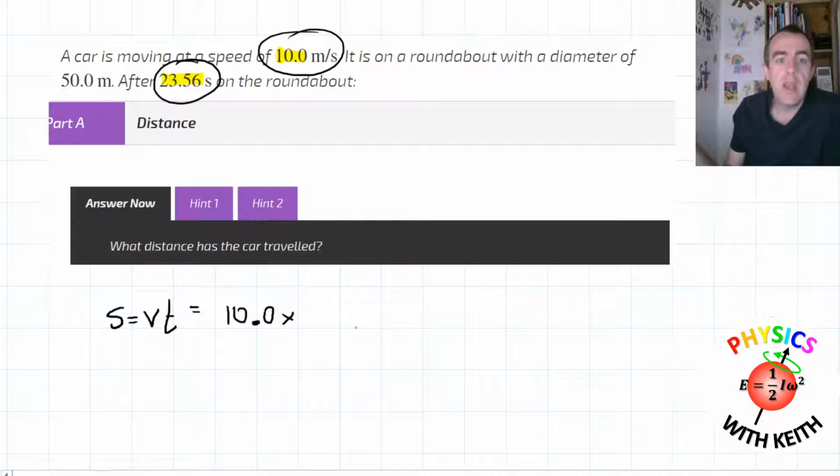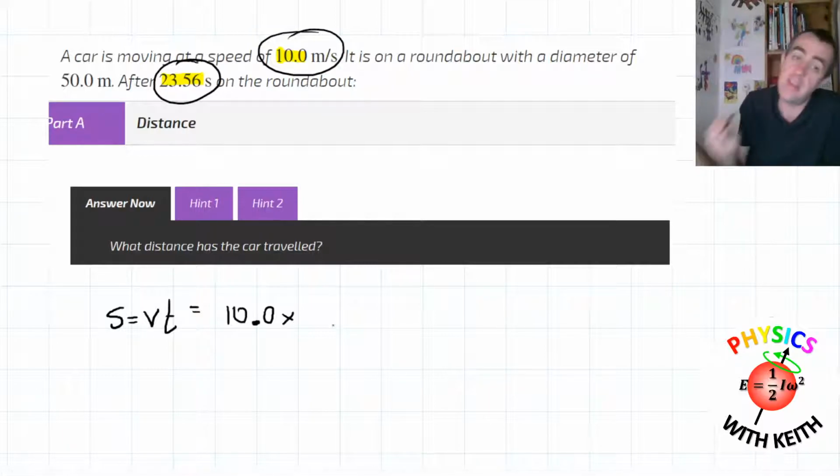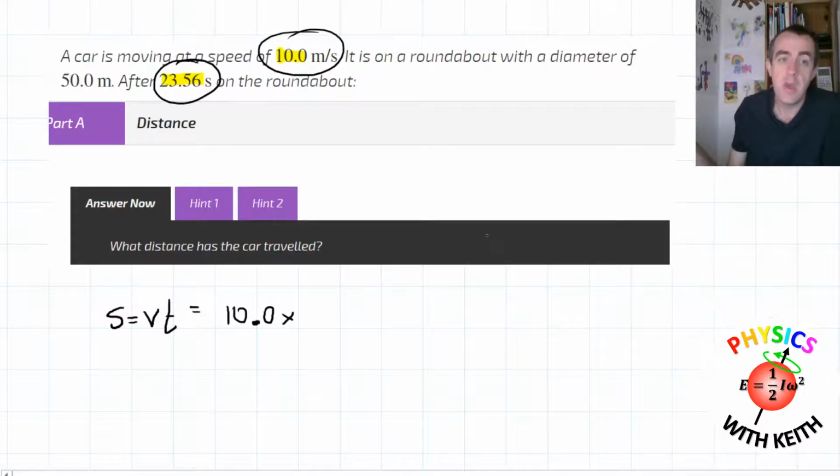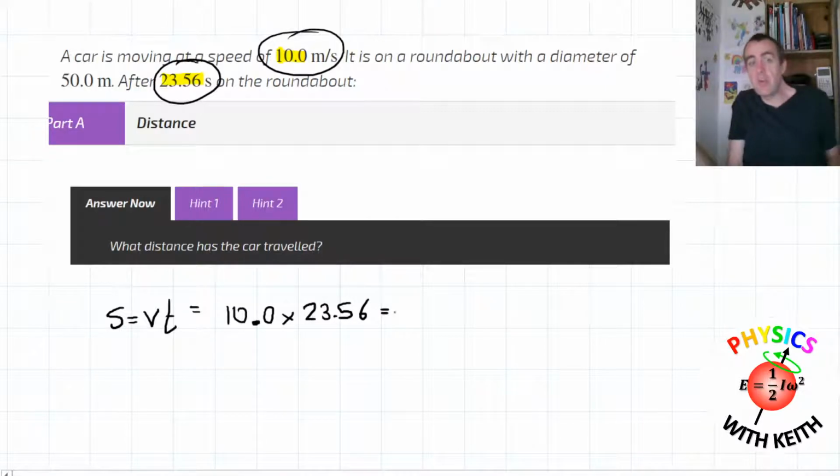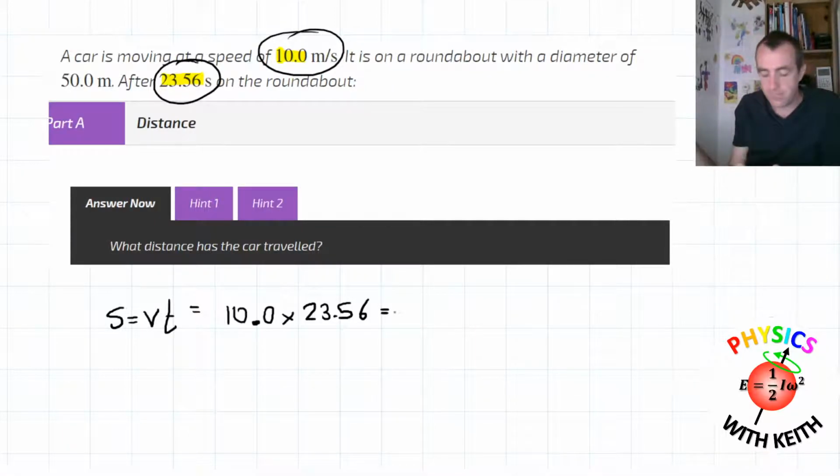And when we do any sorts of questions in physics, our final answer is given to the lowest number of significant figures in the data that we used in the calculation. So we're going to give our answer to 3 significant figures, because 10.0 is 3 significant figures, but 23.56 is 4.